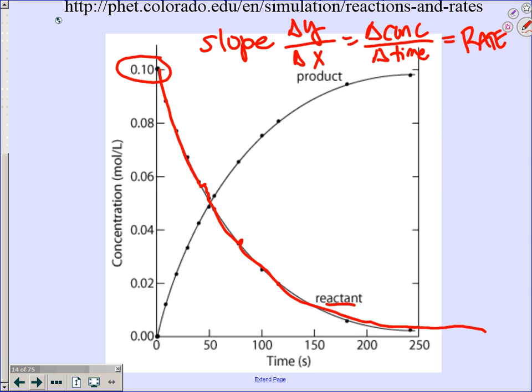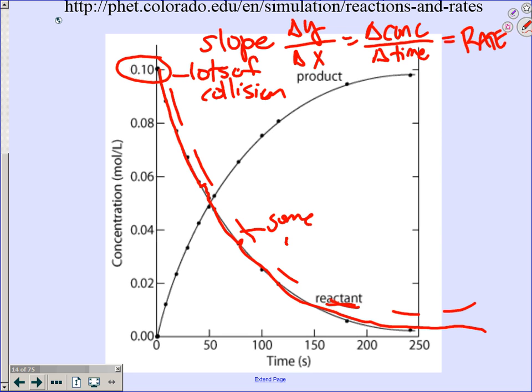So what happens to the slope over time here? It starts off pretty steep and then it starts to level off, which means decrease, decrease, decrease. So is the reaction getting faster or slower over time? Slower over time, because guess what? Bunch of reactants. It's happening real fast, a lot of collisions. And then what happens like here?